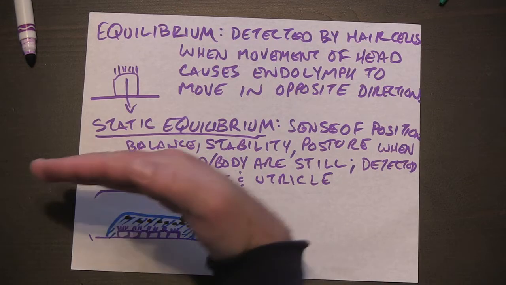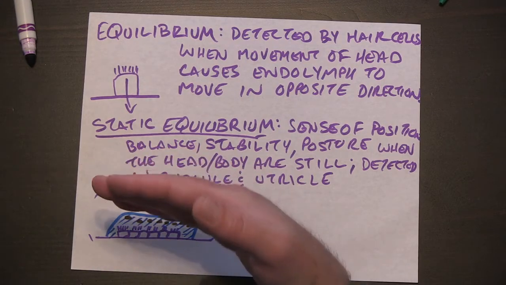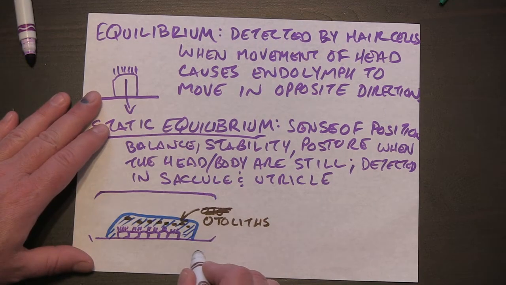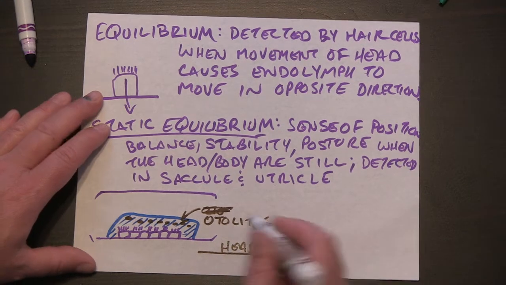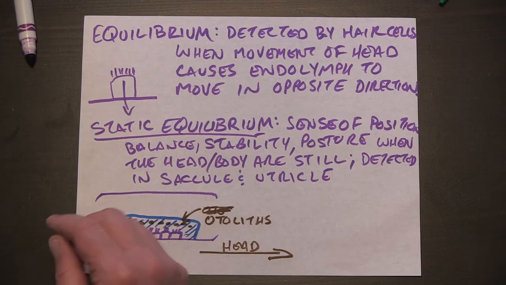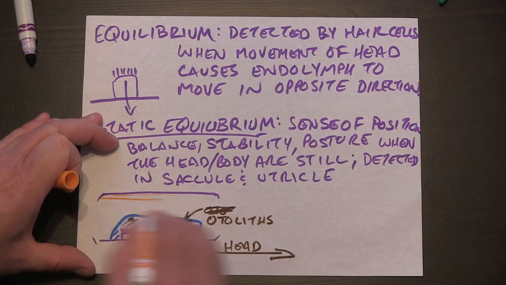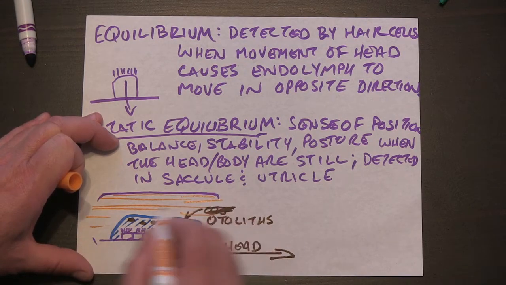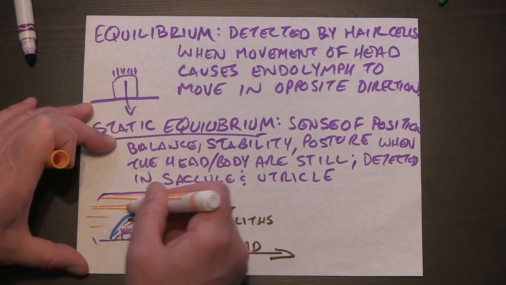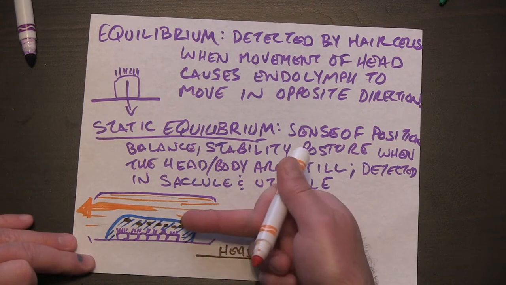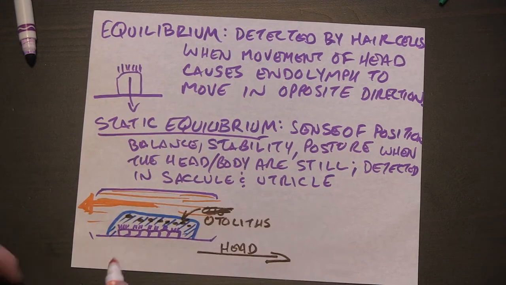So they make that gelatinous material a little bit heavier, so that if the head moves in this direction, and remember, this is all filled with endolymph, the endolymph ends up getting pulled in the opposite direction, which causes that whole gelatinous thing to move, and then that stimulates the hair cells to move.